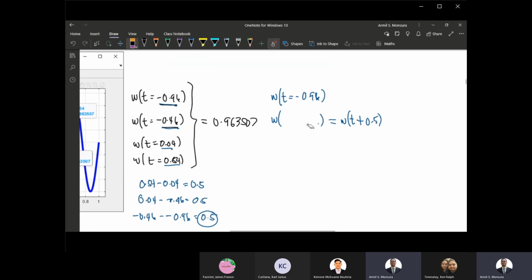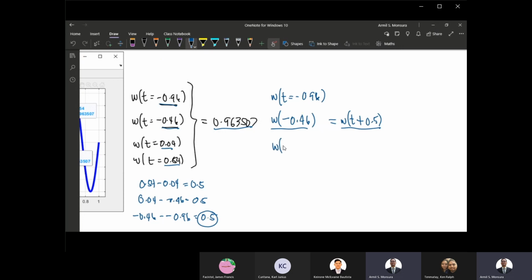Now, if we start at w of negative 0.96, pag dinagdagan mo ng 0.5, magiging negative 0.46 siya. And it happens na yung value nito equal sa value nito, which is both 0.963507.